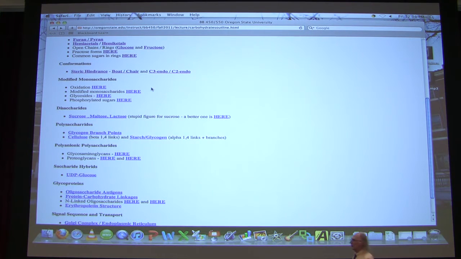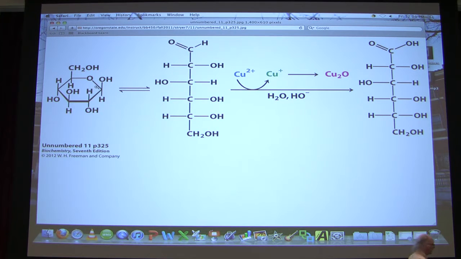Okay, so as I alluded to earlier when I talked about carbohydrates in general, we discovered that they come in a variety of forms, and some of those forms include chemical modification to the carbohydrates. A common modification is an oxidation that can occur. And oxidation is actually used in some assays to measure the presence of certain carbohydrates. One of these is an oxidation reaction, shown on the screen.